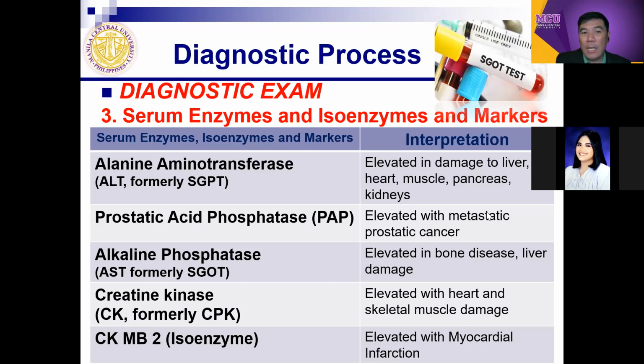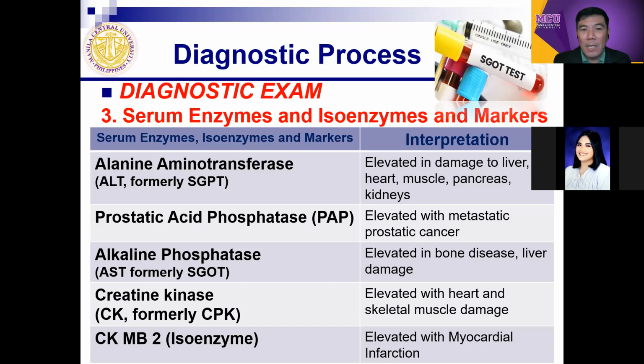Prostatic acid phosphatase is usually elevated in prostate cancer, especially if the prostate cancer is already having a problem with metastasis. When we say metastasis, it means the cancer cells of the prostate have already spread throughout the adjacent organs.